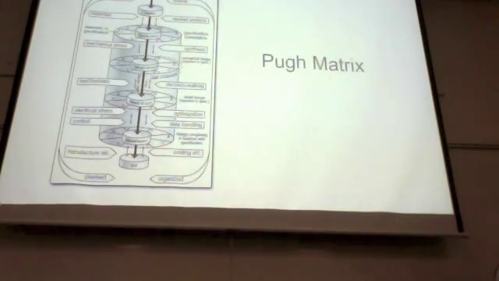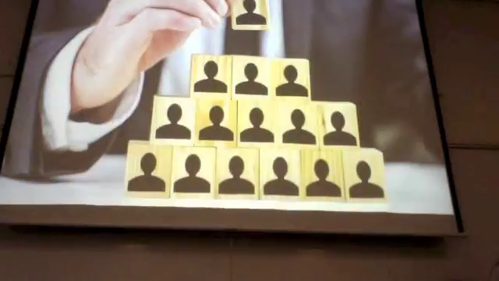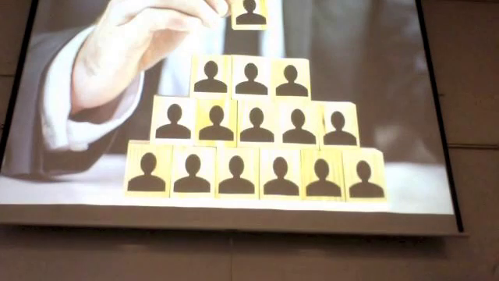History of the matrix. Stuart Pugh was a professor and head of division at the University of Strathclyde in Glasgow. Pugh developed and published the Pugh Matrix in Total Design in 1991. The Pugh Total Design was widely acknowledged as a seminal work in product design, and it is a standard of much product design teaching.